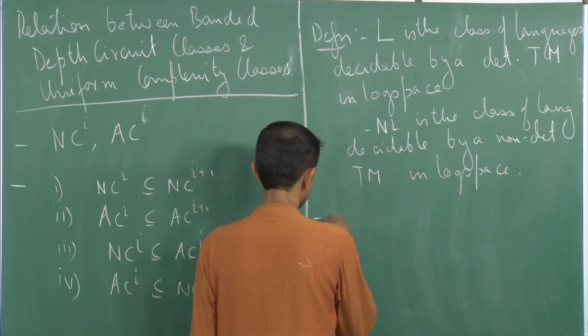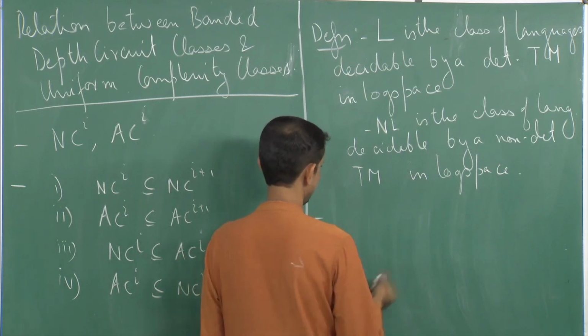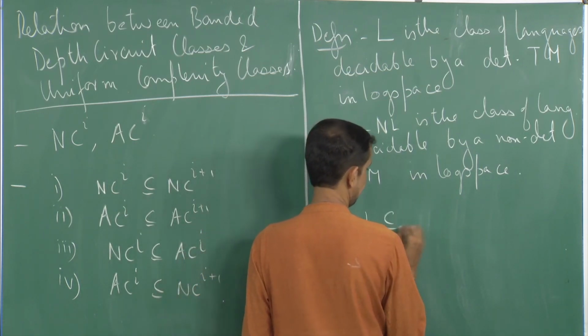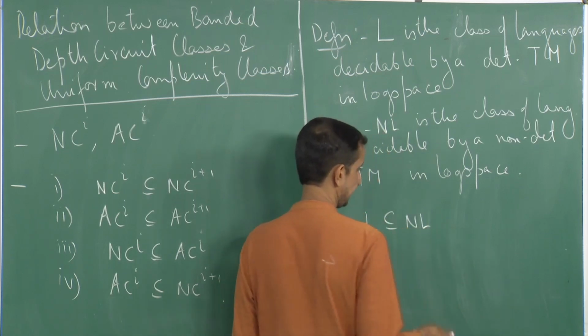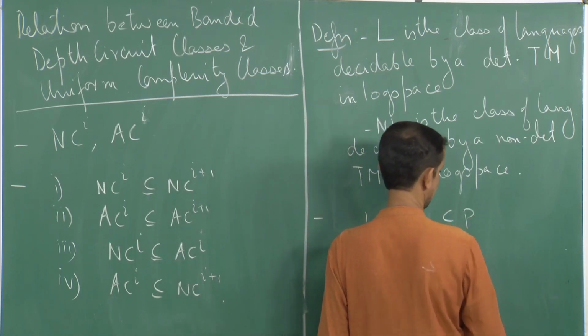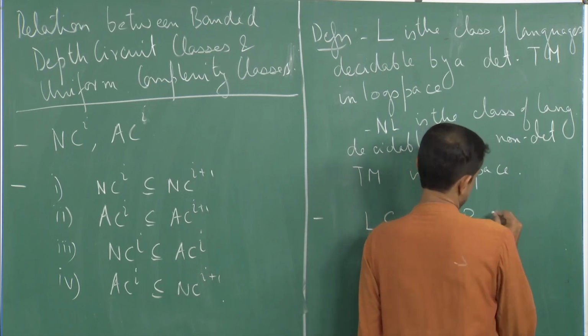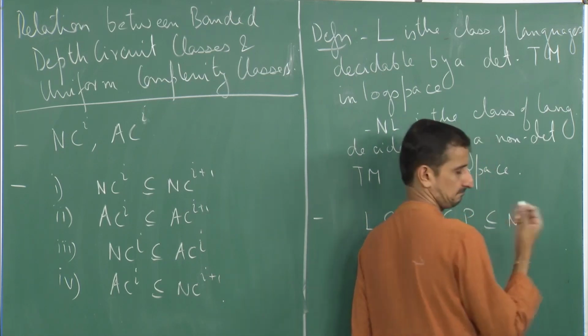Okay. And some of the known results that we have in this area are that, well, L is contained in NL, NL is contained in P, of course, P is in NP.